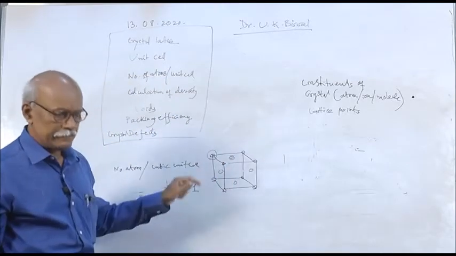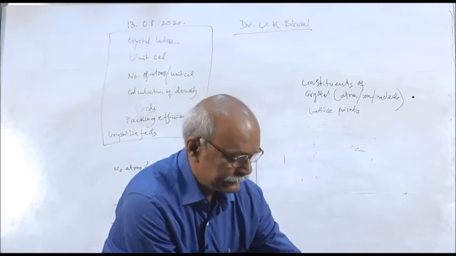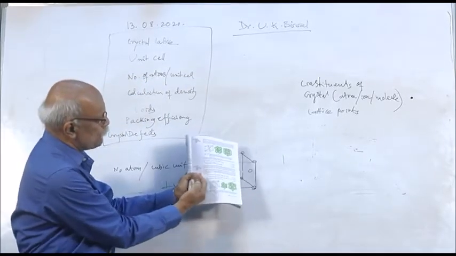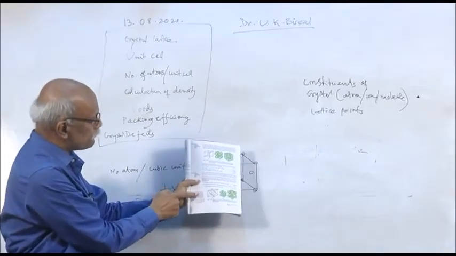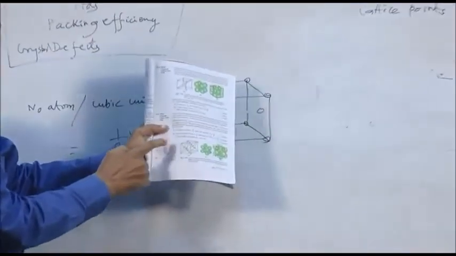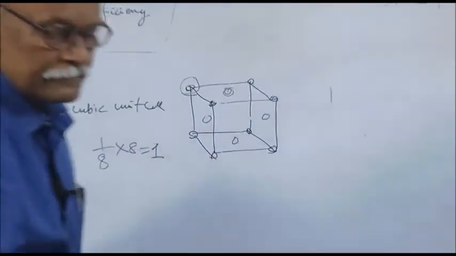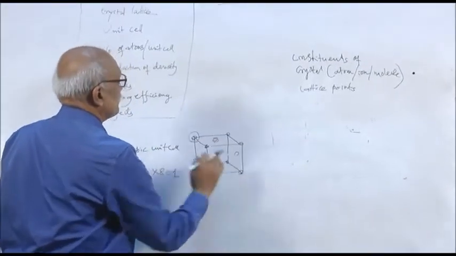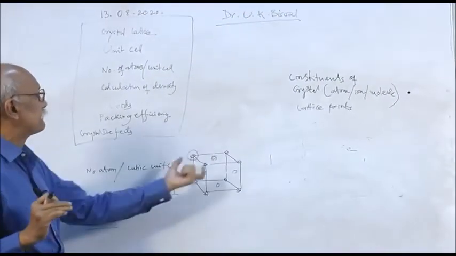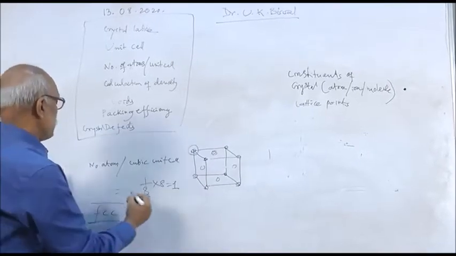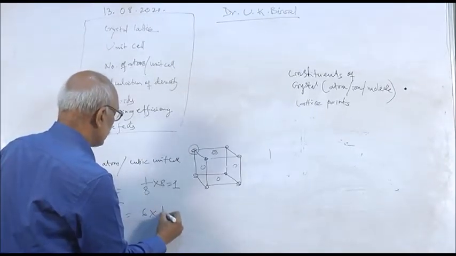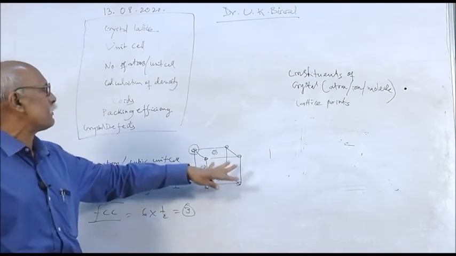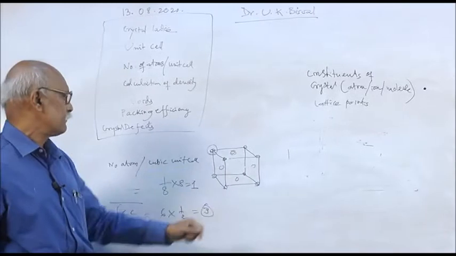So the contribution per cube is half of this sphere. This is shared by 2, this is shared by 2, this is shared by 2. Similarly, 6 spheres each contribute half, 6 into half, that is 3. So the contribution of face centered spheres will be 3.